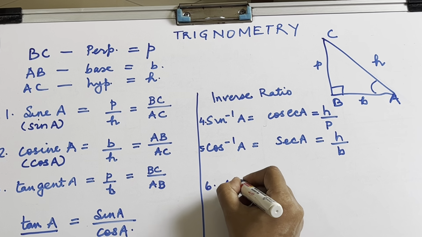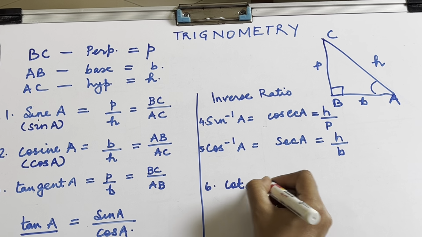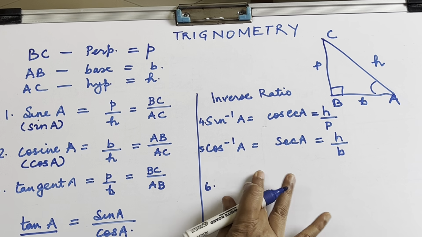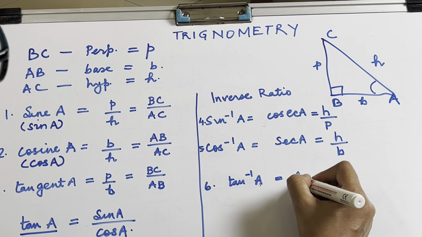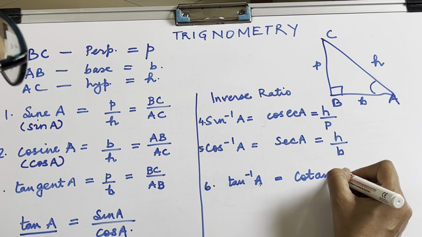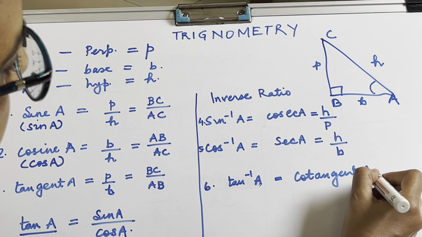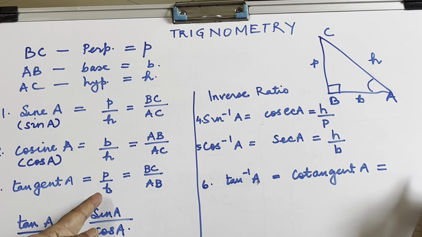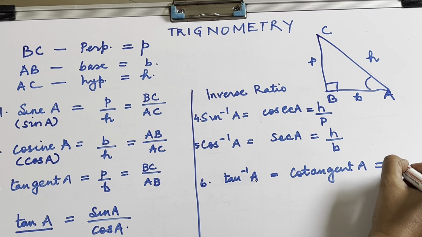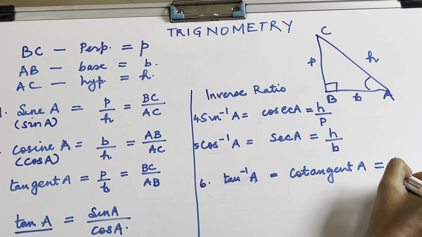The last is the inverse of tangent, known as cotangent A. You can see tangent A is perpendicular upon base, so cot A will be given as base upon perpendicular.